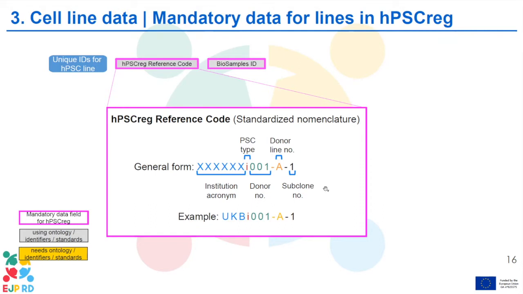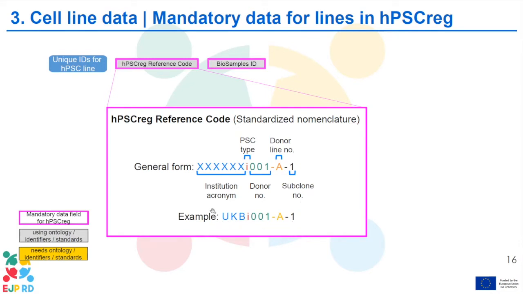So within hPSCreg, what we mean by subclone is any genetically modified pluripotent stem cell line. For example, if a line contains a reporter gene construct or has been engineered so that it introduces a mutation or normalizes a mutation, it would become a subclone in our system.